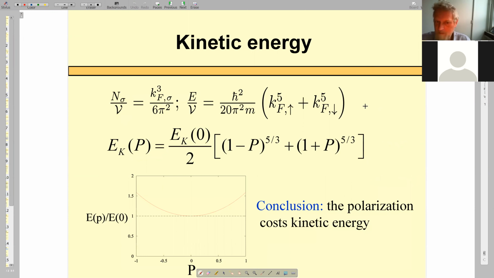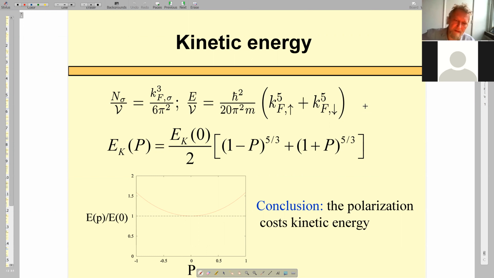Fine. We know already the kinetic energy. I still have to establish some model for interaction, but as far as kinetic energy is concerned, we know it is just K squared divided by 2m per electron.